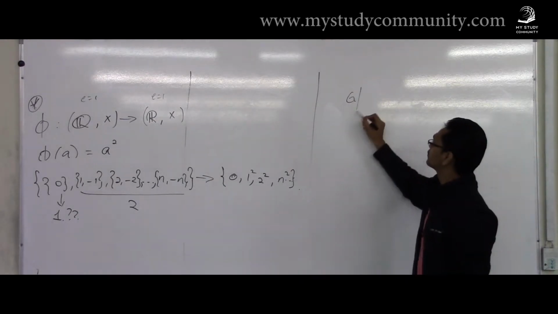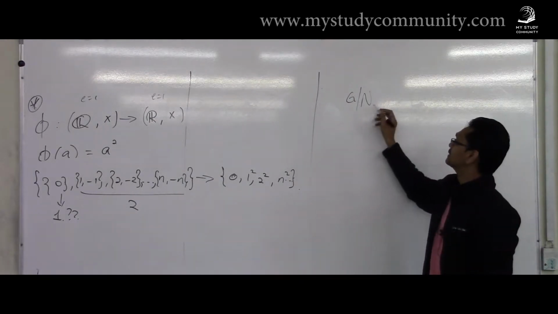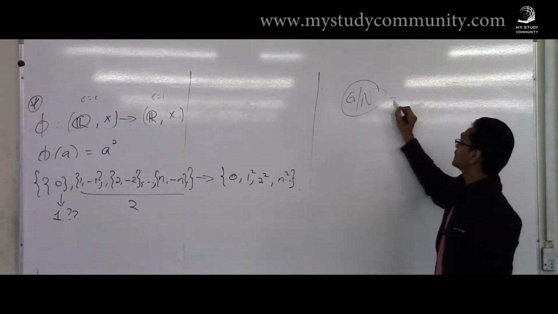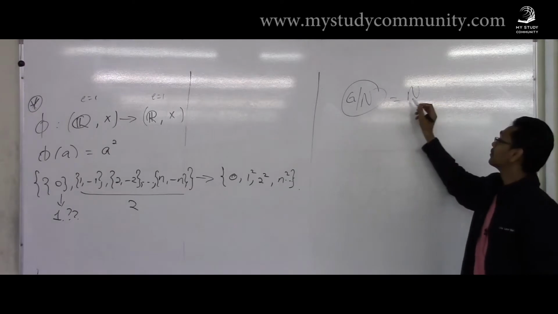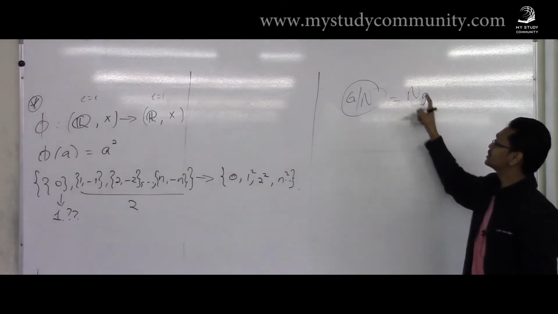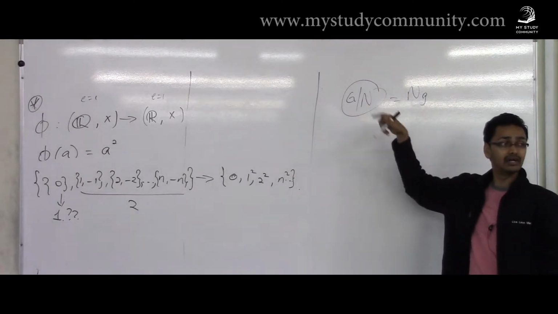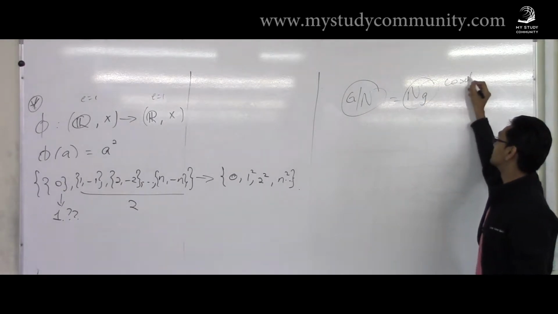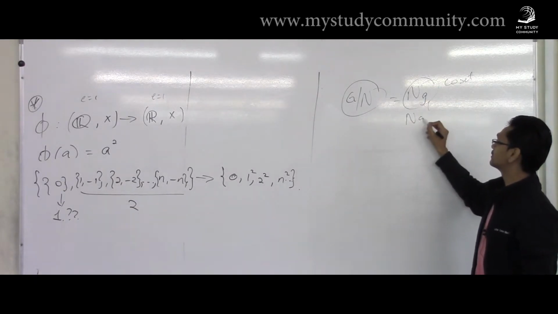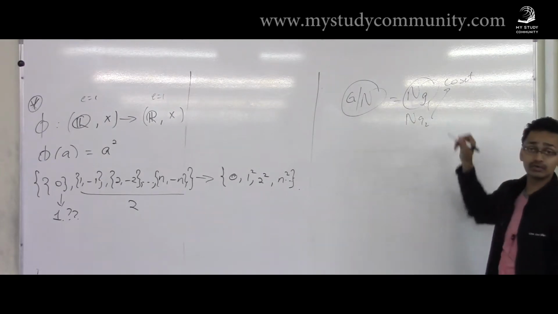Remember we have the factor group of G by n, yes? These are what? Cosets, right? This is n, where n is the kernel, by an element g, and g is in G, yes? I don't know if you all remember, but this is a coset. So g1 n is a coset, g2 n is a coset, and so on and so forth.